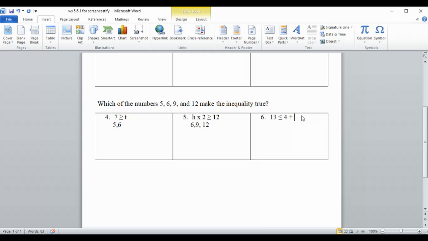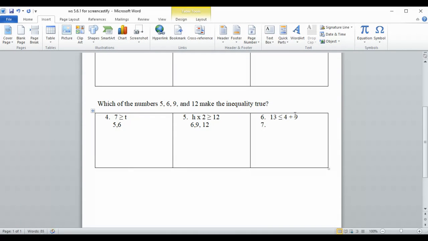So then we're going to put 9. What is 4 plus 9? 4 plus 9 is 13. 13 is less than or equal to 13. Well, 13 is equal to 13, so 9 works. And then we're going to try our very last number, which is 12.